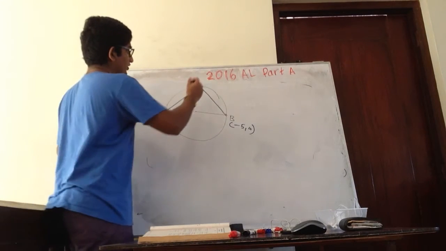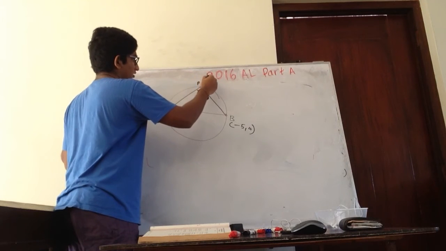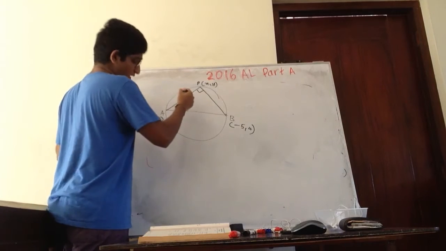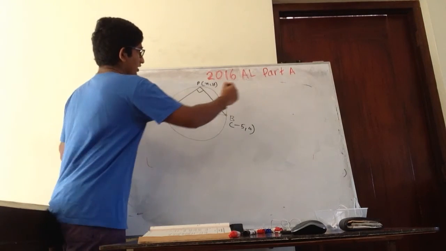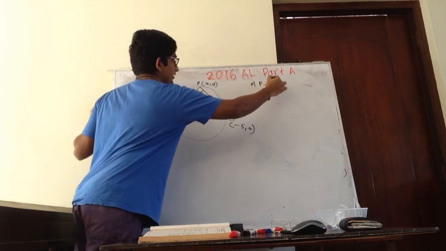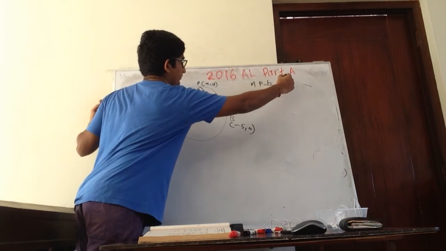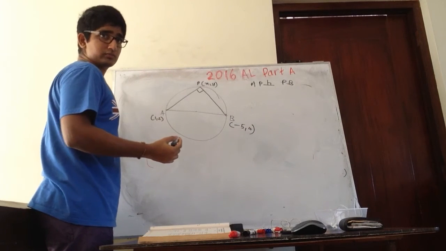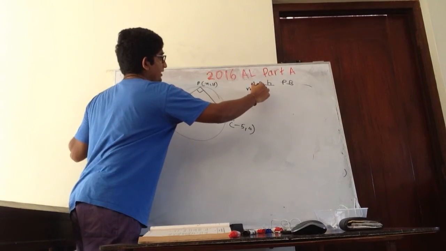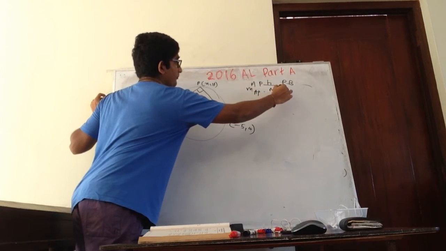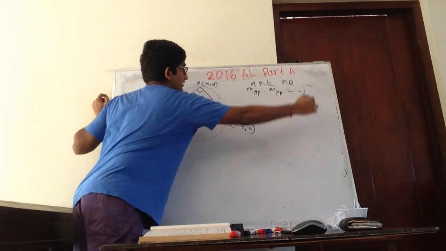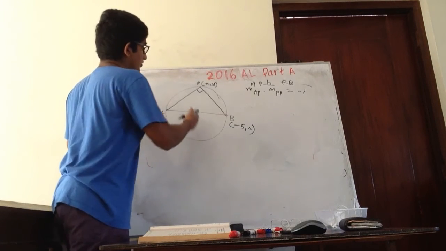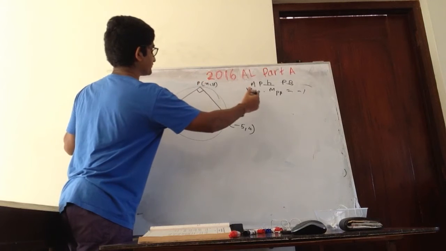Now, if I put a point here as P, which is (x, y), I know that AP is perpendicular to PB. Correct, no? So basically m_AP times m_PB is going to be minus 1.